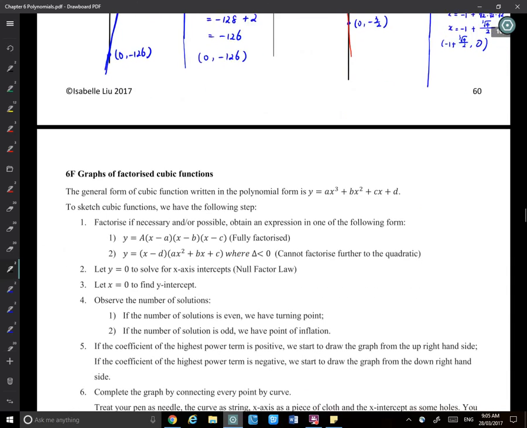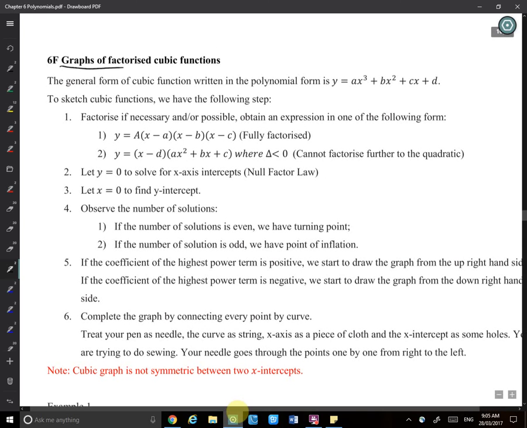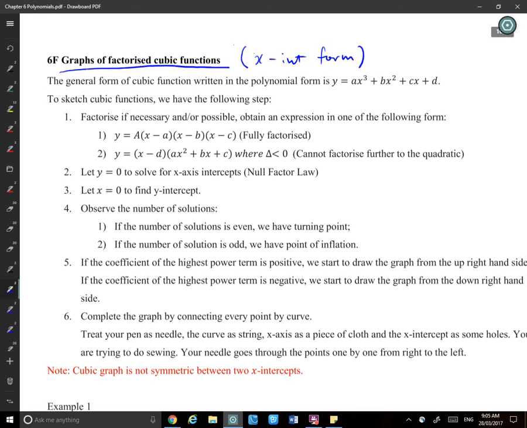So the next exercise is graph of factorized cubic. That is x-intercept form. Okay, the factorized cubic gives you x-intercept.